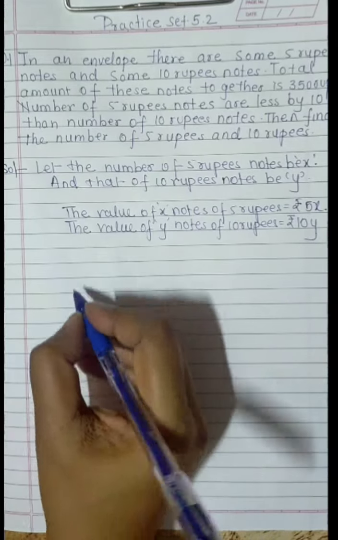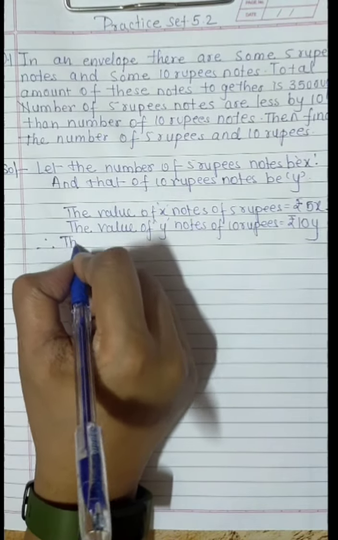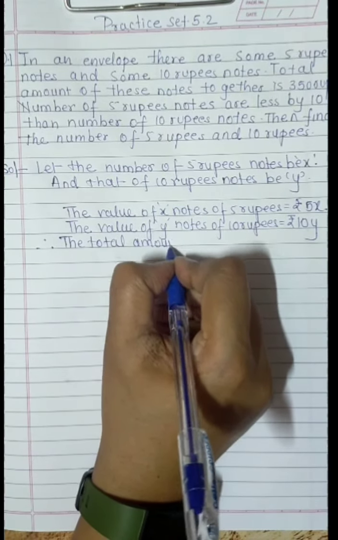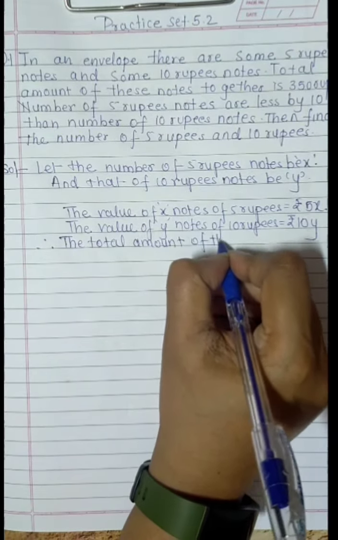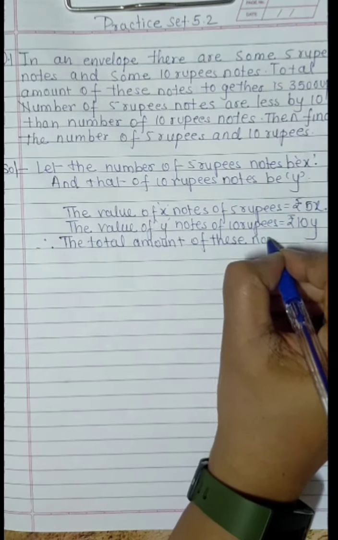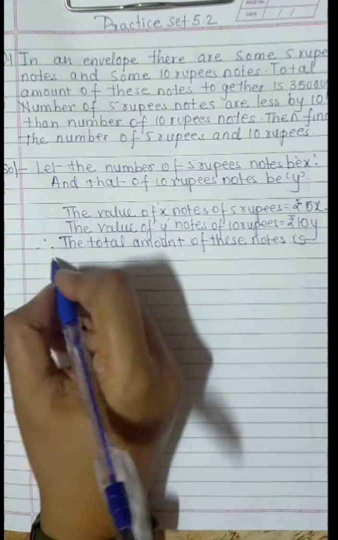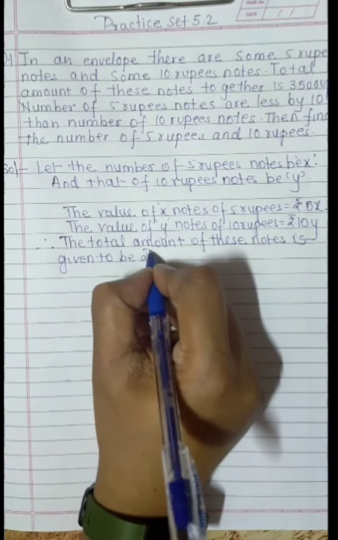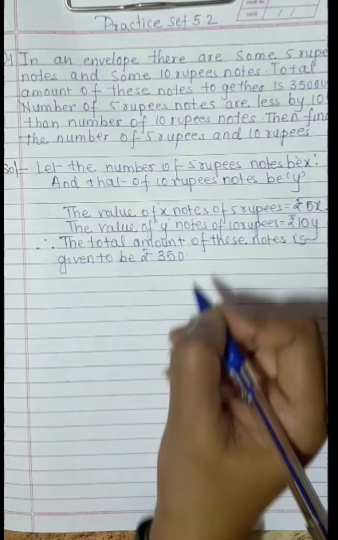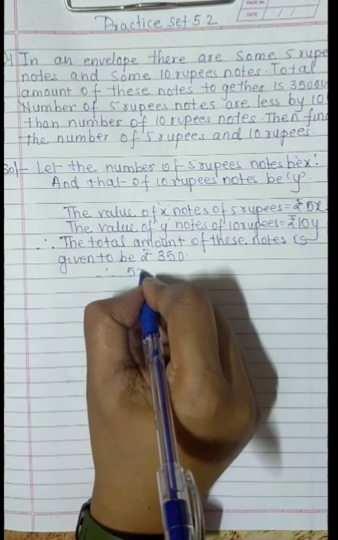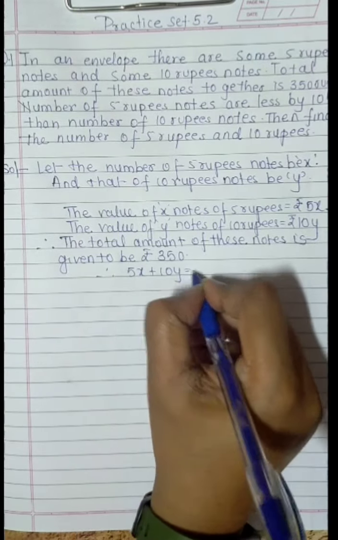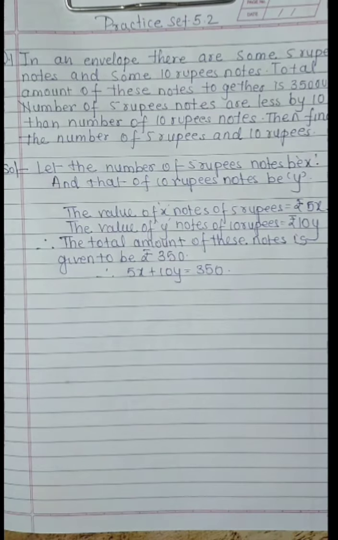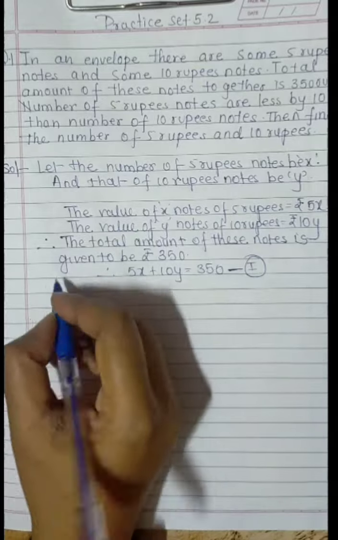Therefore the total amount of these notes is given to be rupees 350. Therefore 5x plus 10y equal to 350. First equation.